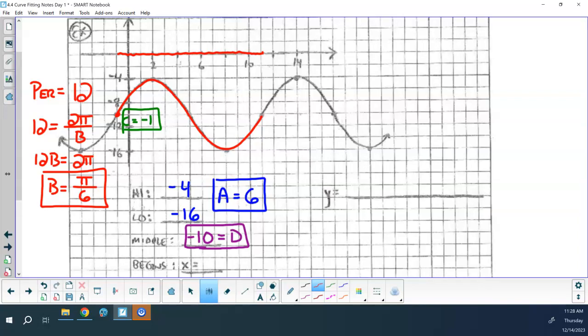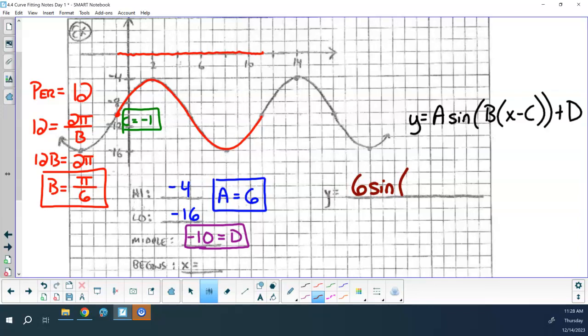So we can put that all together now, and we want it in the form y equals a sine of b times the quantity x minus c, plus d. What's my a value? 6. What's my b value?